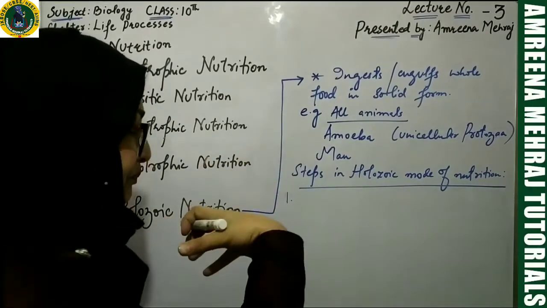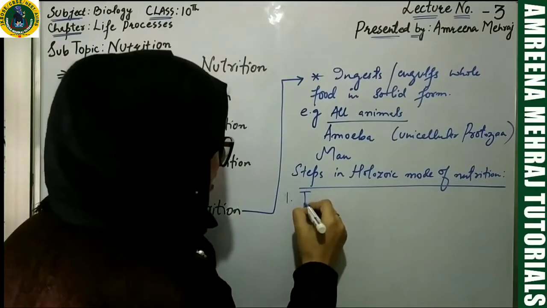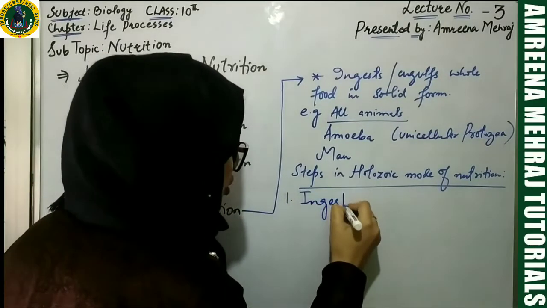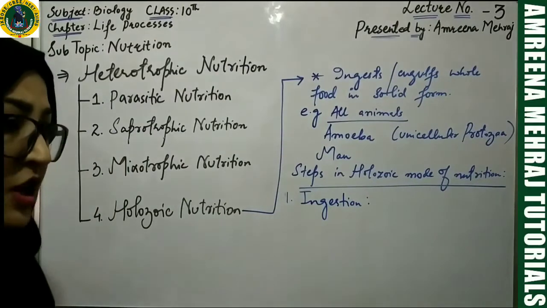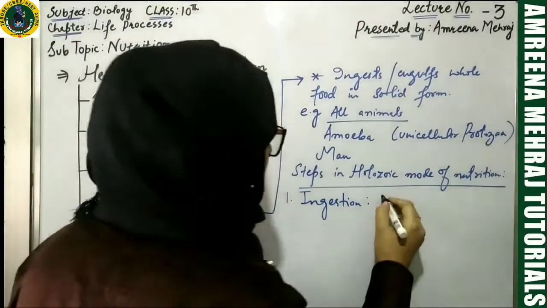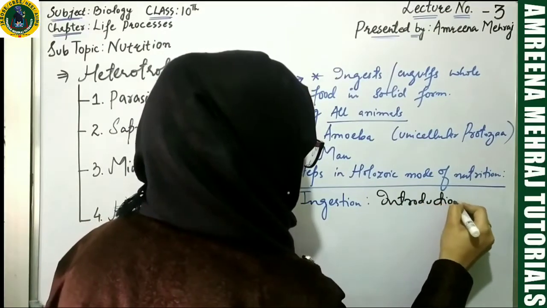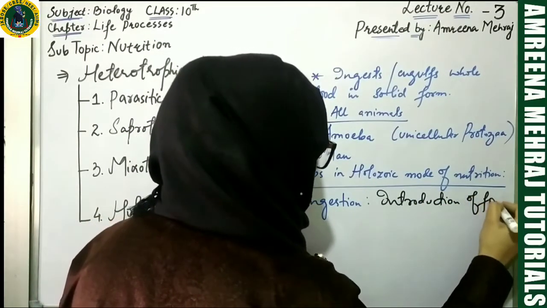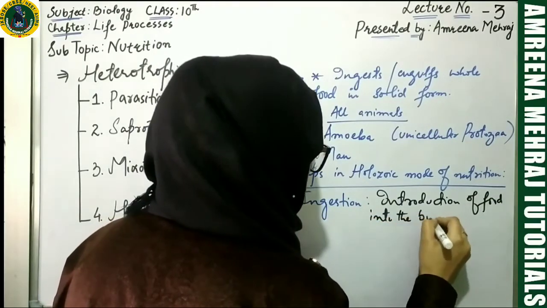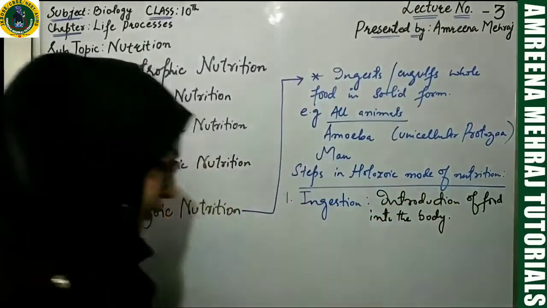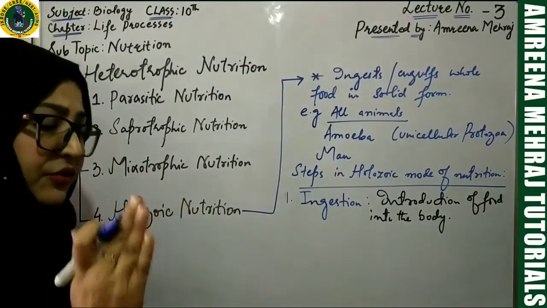That step of introduction of food into the body is called the step of ingestion. What is the step? It is ingestion. So ingestion simply is the introduction of food into the body.